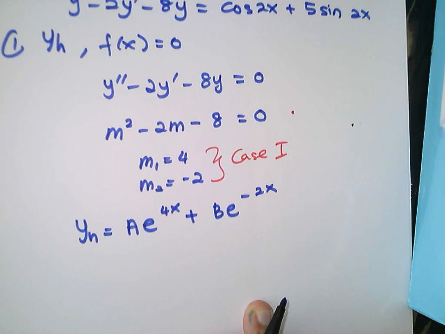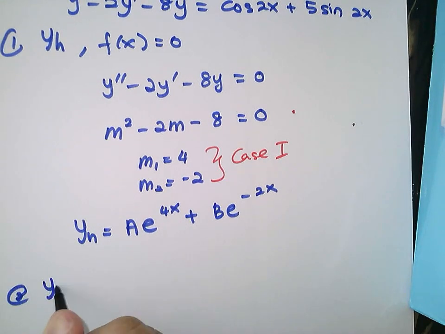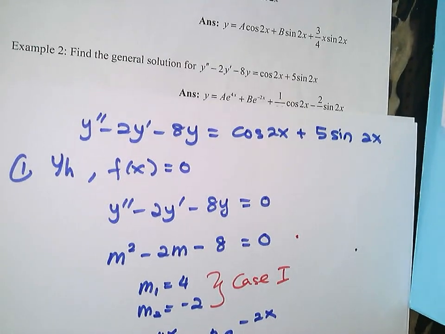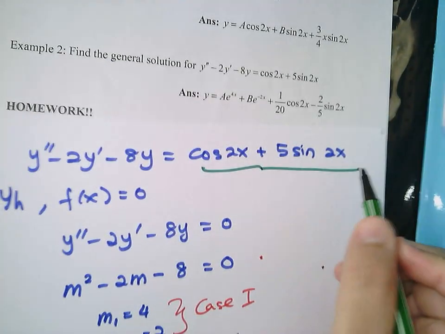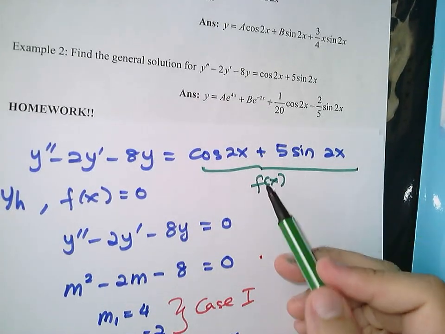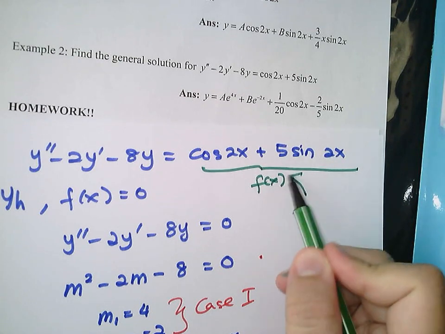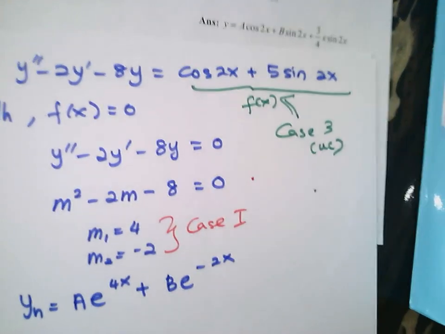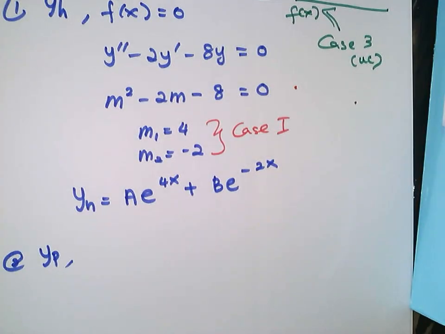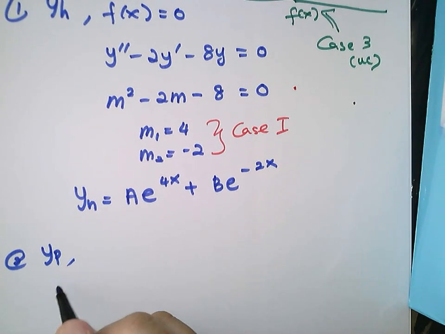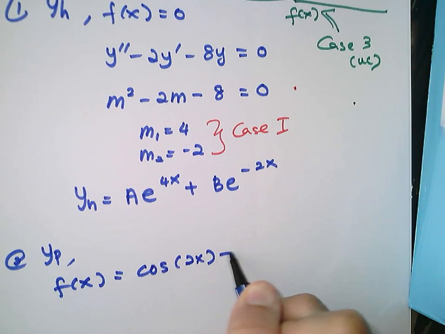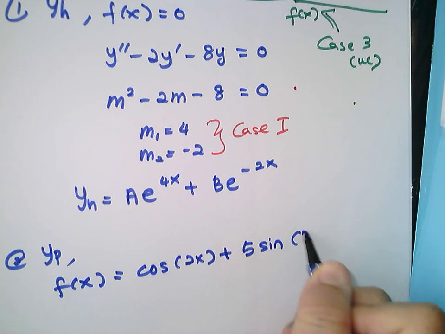So the next one, you're going to find your YP. So what is your fx here? Function on your right hand side is this one. Okay, so this is a trigonometric function, so you know that this is case 3 UC. So therefore your fx is equals to cos 2x plus 5 sine 2x.